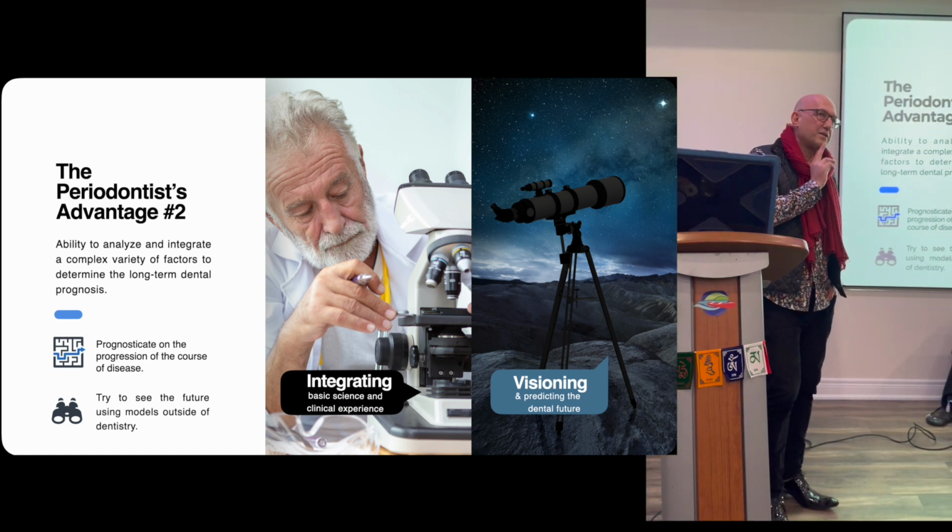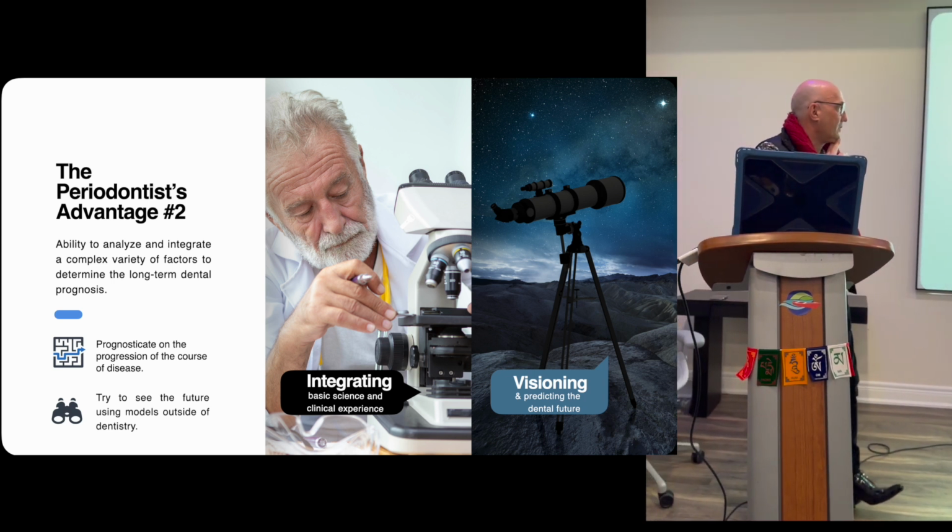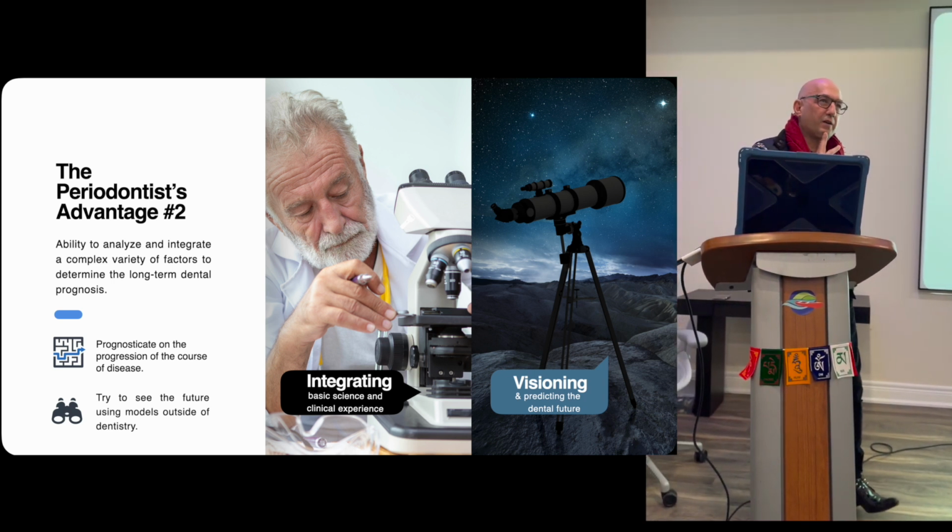The second thing I do is we function kind of like actuaries. So isn't that boring? What does an actuary do? An actuary predicts how long things are going to last or how things are going to go. And so it's the ability to analyze and integrate a bunch of different things to determine what the long-term prognosis is.